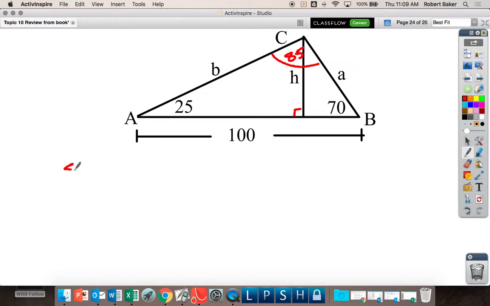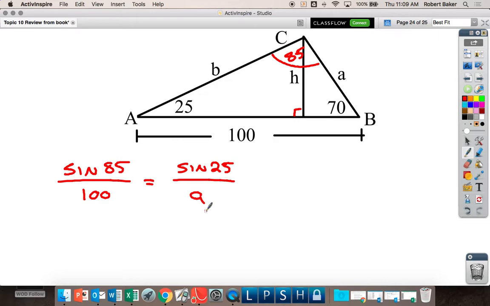So I can do the sine of C over side C, which is equal to the sine of A over side A. That's using the law of sines to find this missing value.